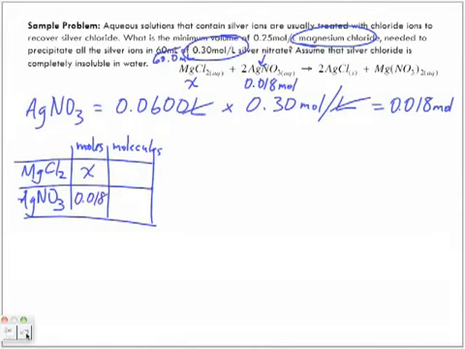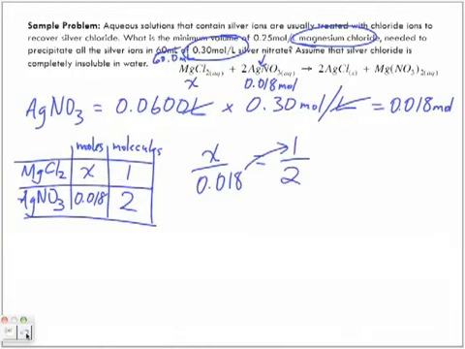0.018 moles. Now, in terms of the ratio, we have 1 magnesium chloride to 2 silver nitrates. So we can use this to find the number of moles of magnesium chloride that will actually be used in this reaction. So x over 0.018 equals 1 over 2.